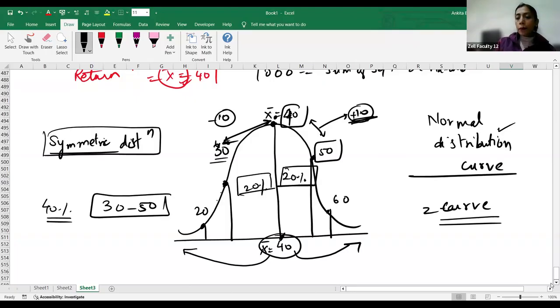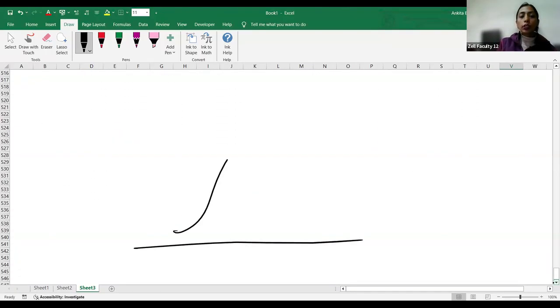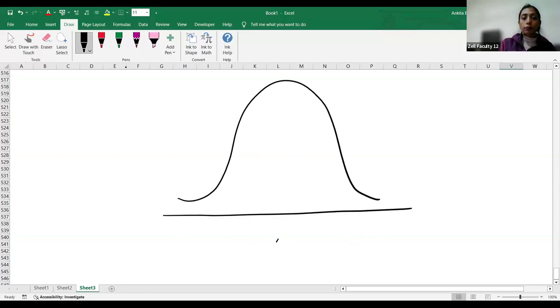Similarly, if I would have drawn the distribution like this, this centric point here is my mean value.